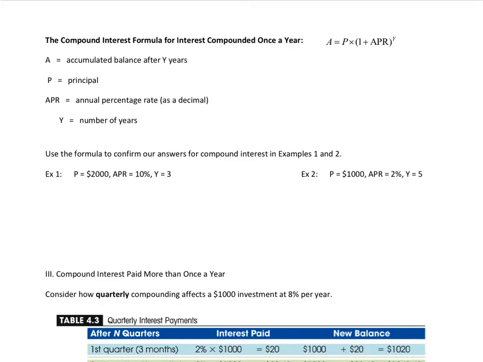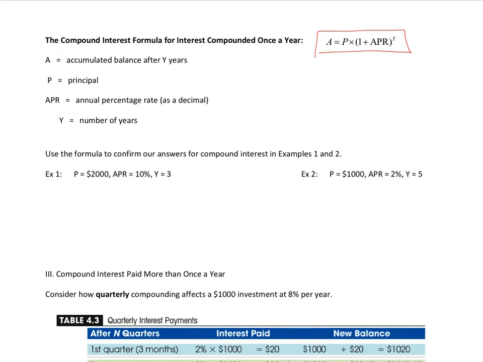All right, so on this slide, this one's going to go by much faster than the first one, I promise. On this slide, we have the compound interest formula for interest compounded once per year. So here it is.